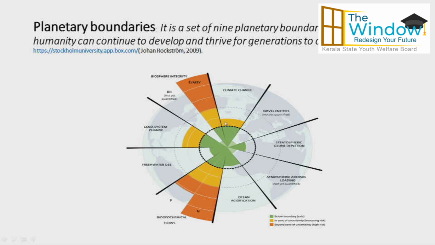Again, in the climate change case also we are in the yellow position, and the land system change is also an unfair or environmentally unethical situation, as the land system change also crosses the safe zone boundaries. So all these show that we are moving away from the safe zone, and all these are due to human activities or anthropogenic activities.